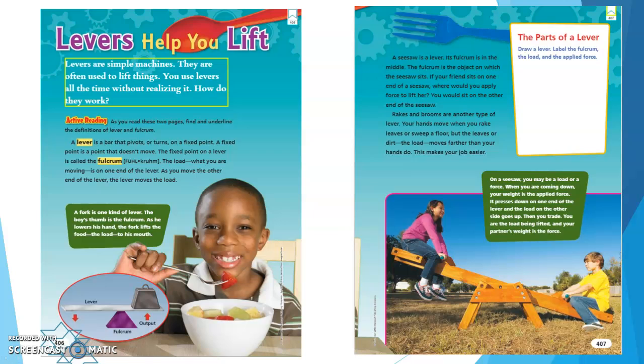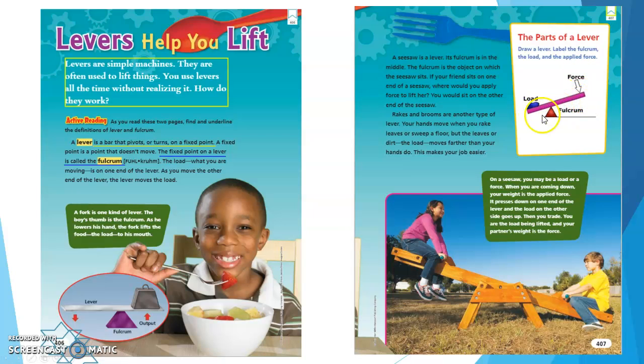So what are you going to do? Underline. Okay, and then you draw the picture. It's very easy. This is the load, this is the apply force, and the fulcrum.